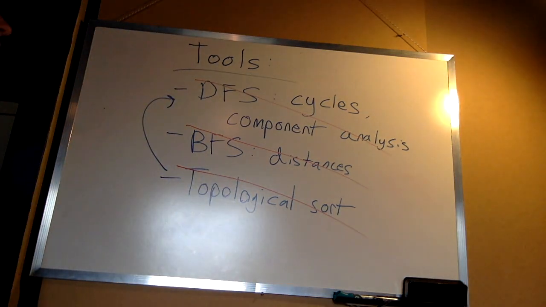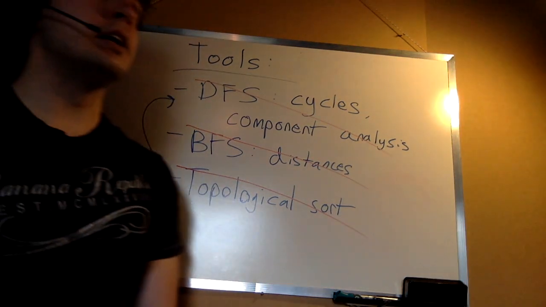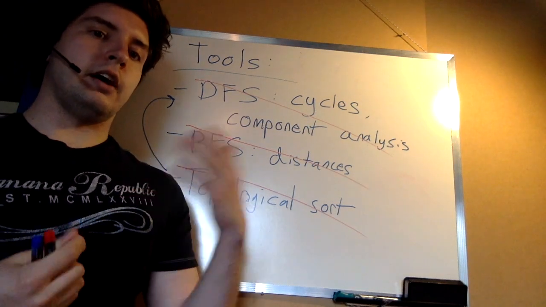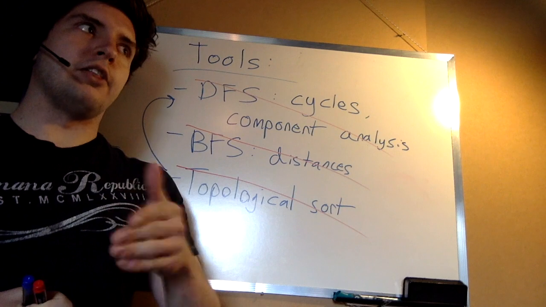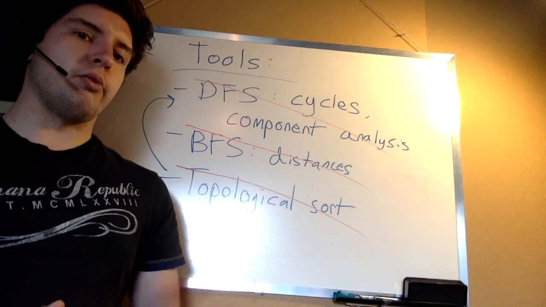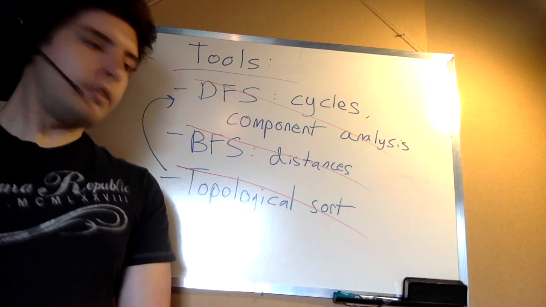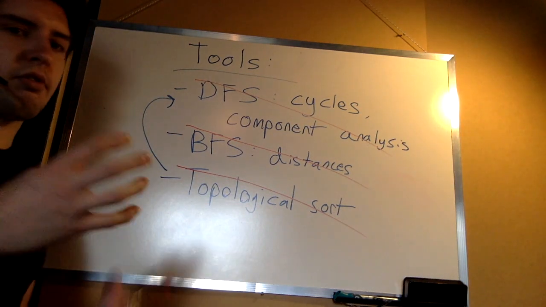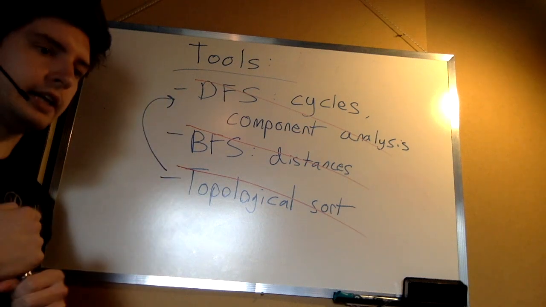So what would O of V cubed mean here? It means that for every vertex, we're looking at not only every other vertex, but also every other vertex. So for every pair of vertices, we're also considering every other vertex. That's a very high-level way of modeling that.